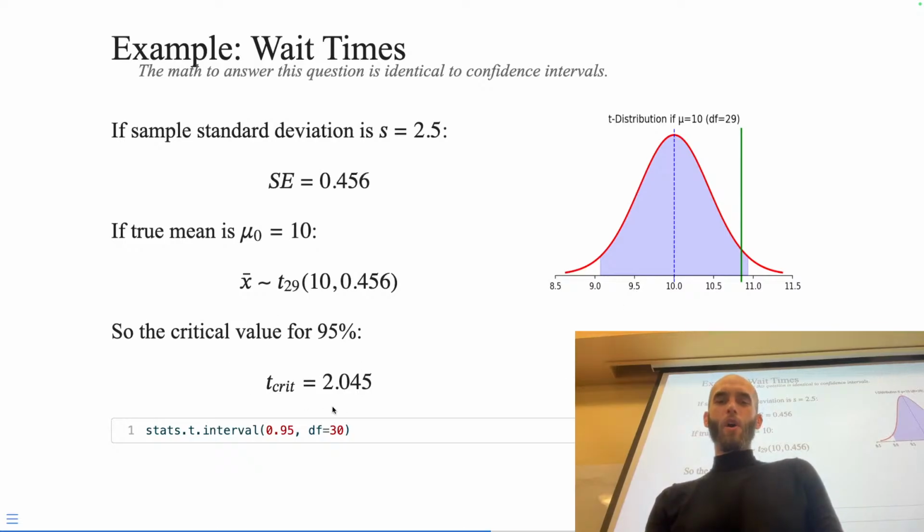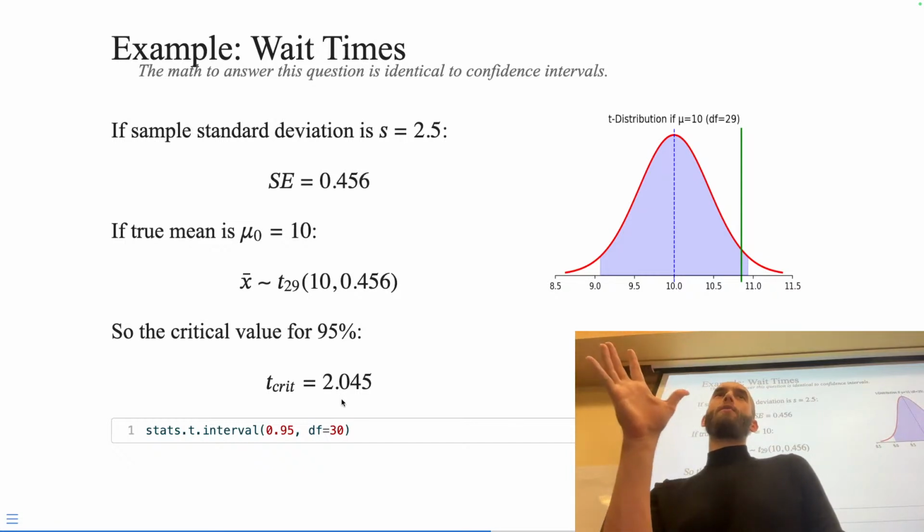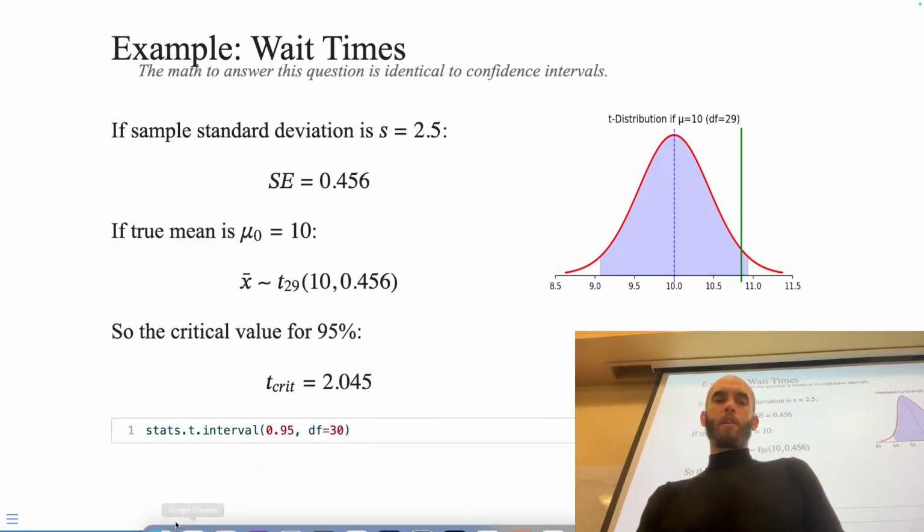This is something to know. You don't have to memorize it, but a 95% confidence interval has what we call a t value, we'll talk about t values in a second, of just over 2. But we can skip knowing those things and just go directly to finding the confidence interval. This is a class where we rely on code. We don't have to check these tables at the back of our textbook anymore. So Python gives us the stats package.